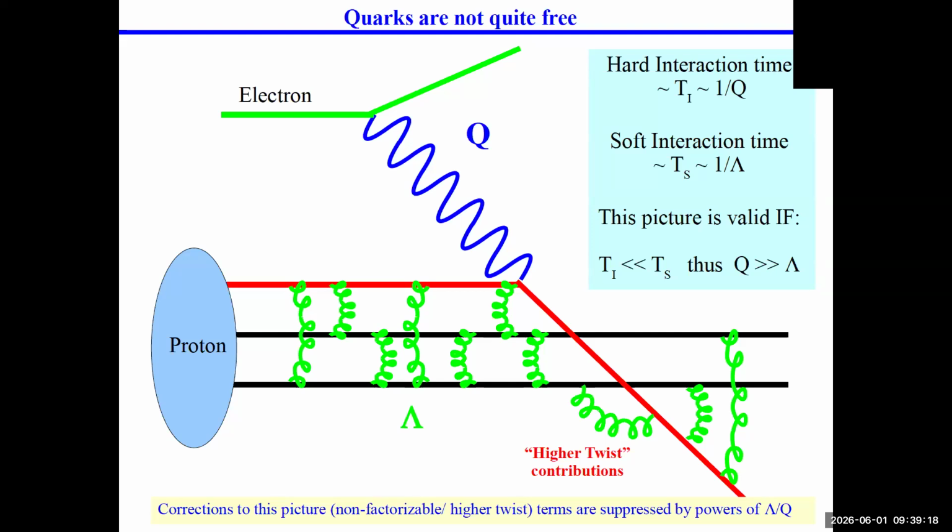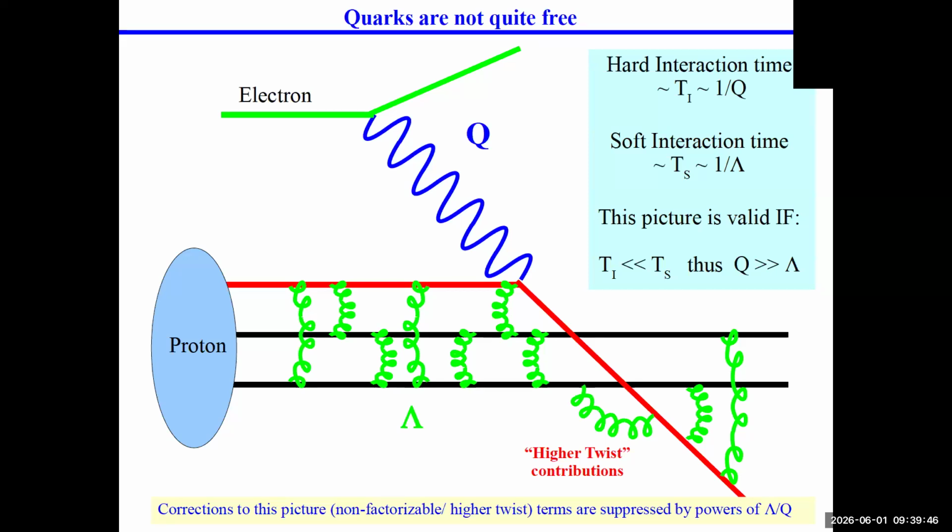What we need is the time scale of this red quark to be much shorter than the characteristic time scale of what's going on in the proton. And time scales and energy scales are reciprocal. So if the time scale of the red one is very small and the time scale of these green gluons is large, that means the scale of Q is very large compared to the scale of Lambda.